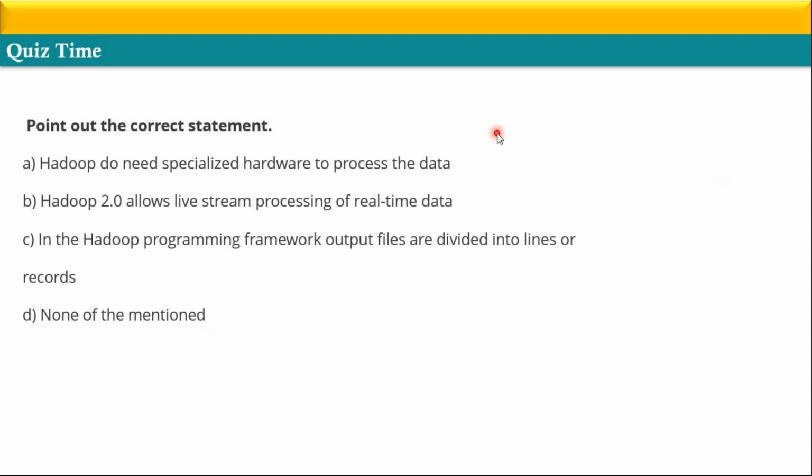Then next one: point out the correct statement. A, Hadoop does not need specialized hardware to process the data. B, Hadoop 2.0 allows live stream processing of real-time data. C, in the Hadoop programming framework, output files are divided into lines or records.